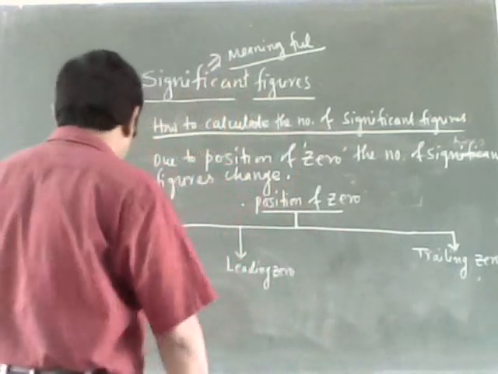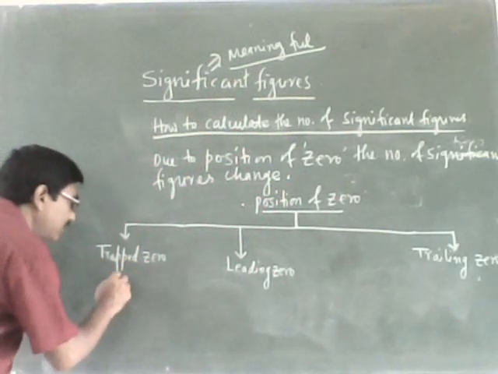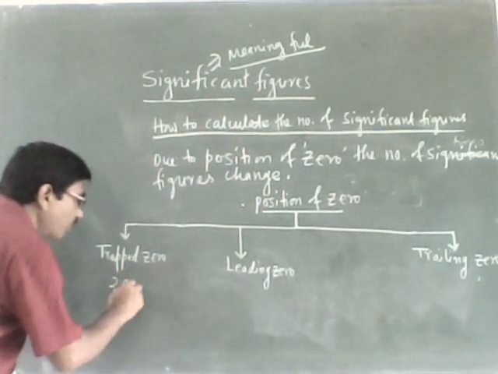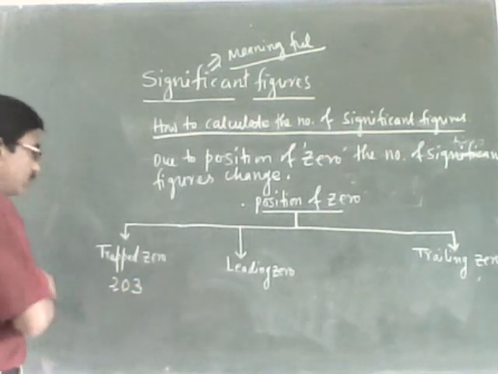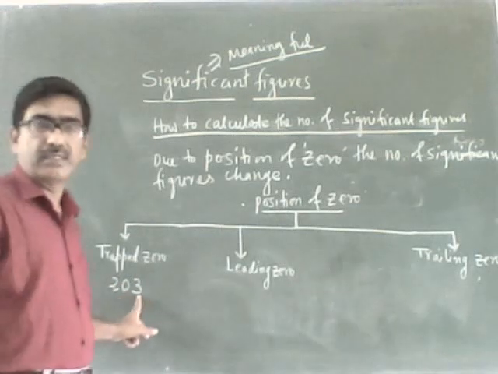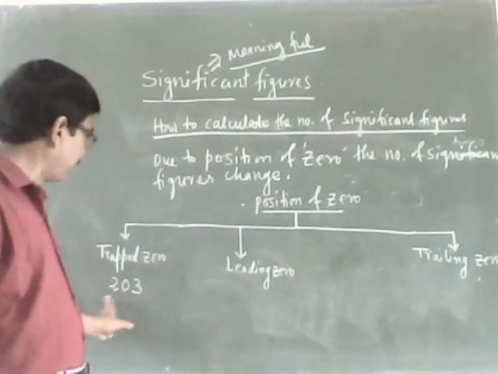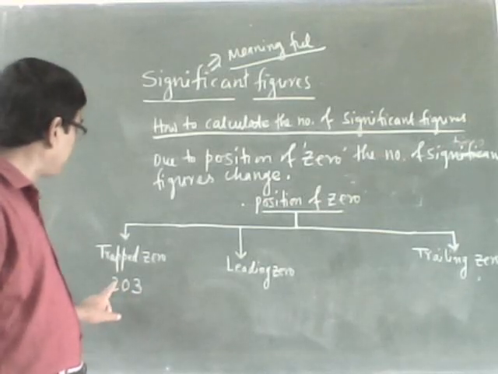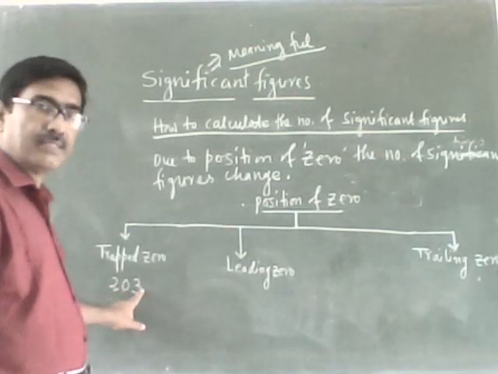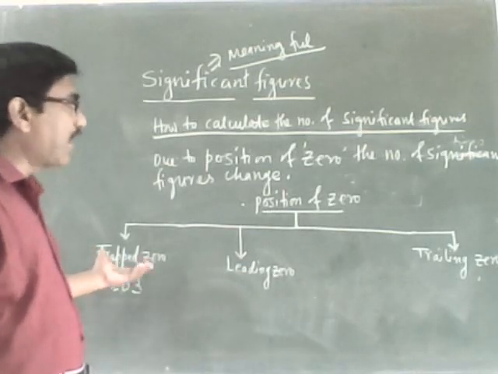For example, suppose 203. This zero is trapped by 2 and 3, two non-zero digits. So the significant figures are 1, 2, 3. Here the zero is significant.